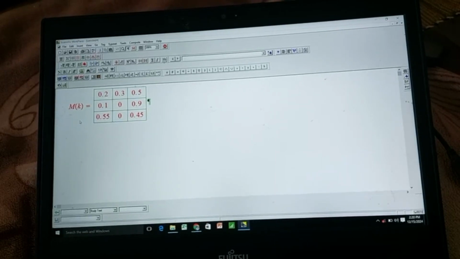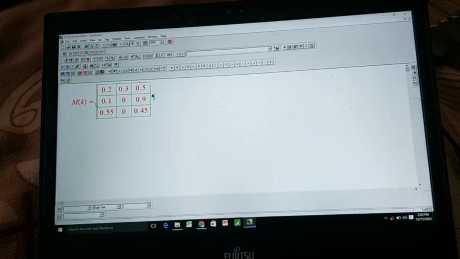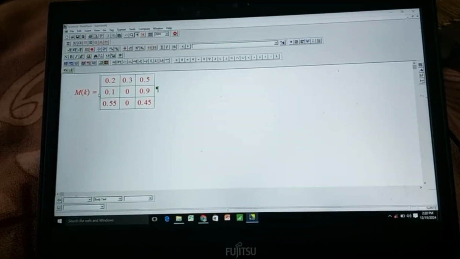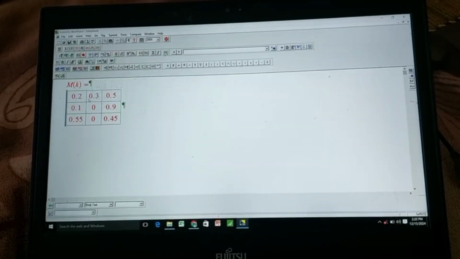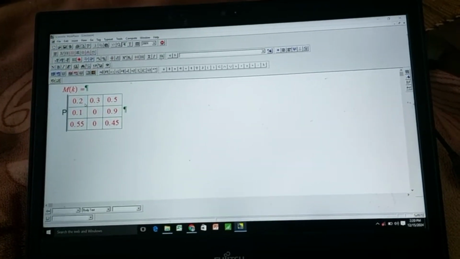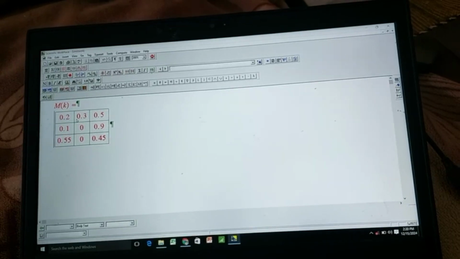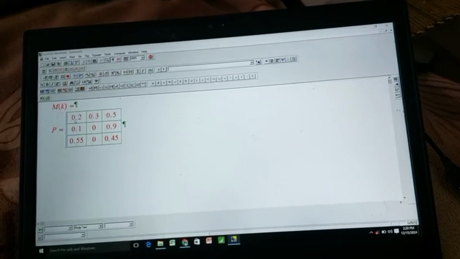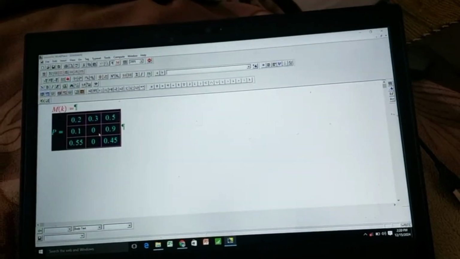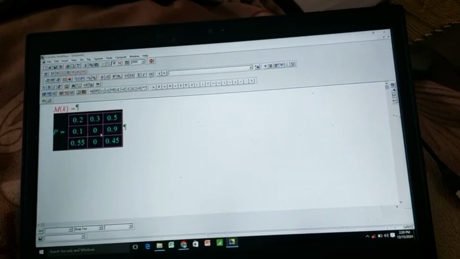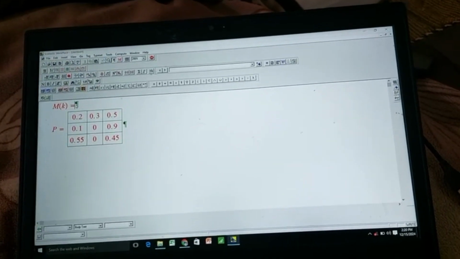Sorry, this is P, so you can define it as Control M, shift P is equal to, and define this with Control N, equal to. Now we have the matrix, but we didn't have the function.